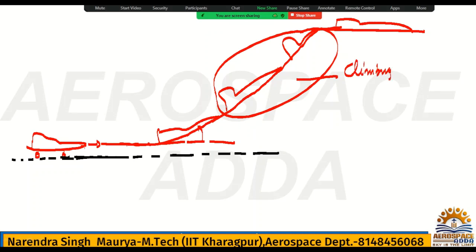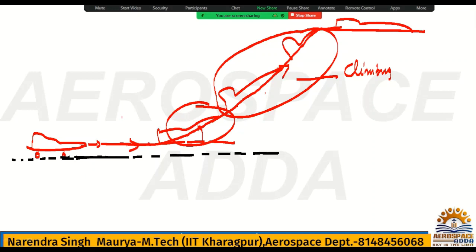From horizontal motion, the aircraft was going like this, and now this is the climbing. So this short period of time, or instantaneous turn in upward direction, or pull up condition, is nothing but pull up or instantaneous turn.